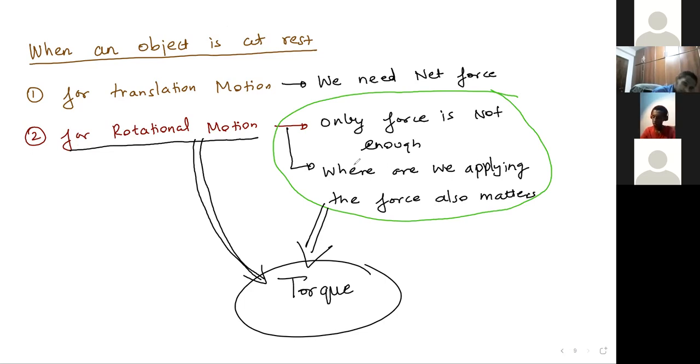Very amazing, very good. Quickly write this. Now I will define torque for you. First, let's just finish this note. Any additional questions? Any doubts? No, everything is clear. Okay, quickly note it.